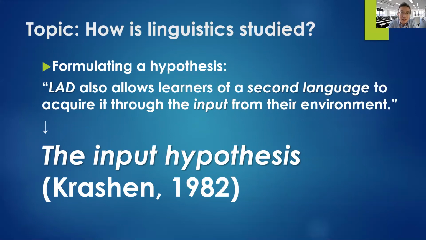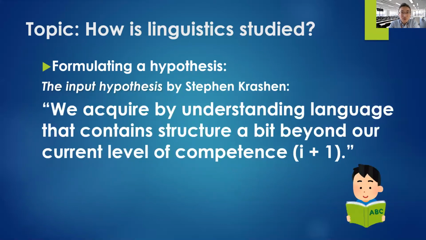Or I should say, it can be still influential. Of course, there must be a debate about whether or not the input hypothesis holds, but before just ignoring or denying the importance of the input hypothesis, we have to test that hypothesis. Okay, so before talking about testing a hypothesis, I'd like to explain the input hypothesis.